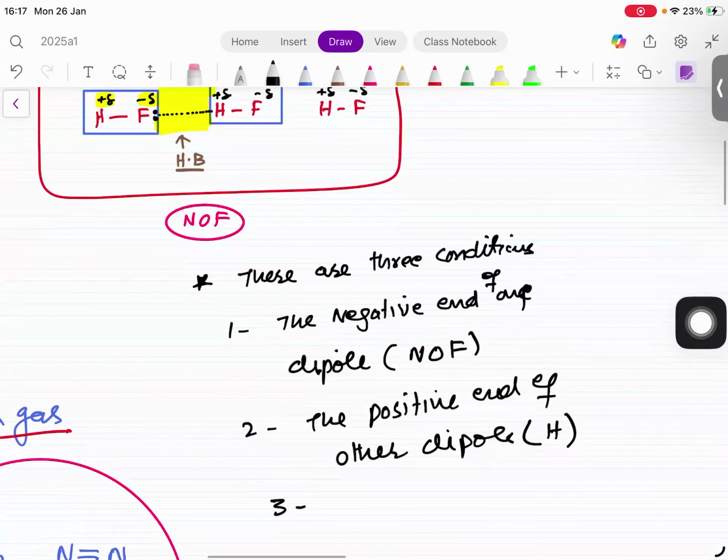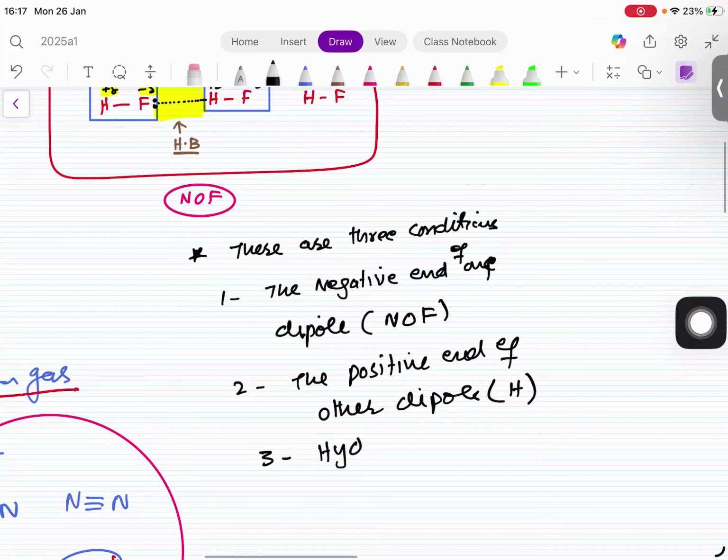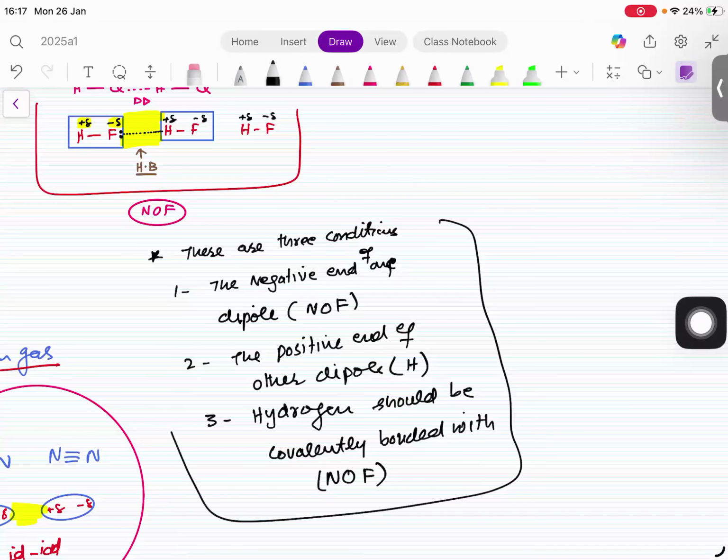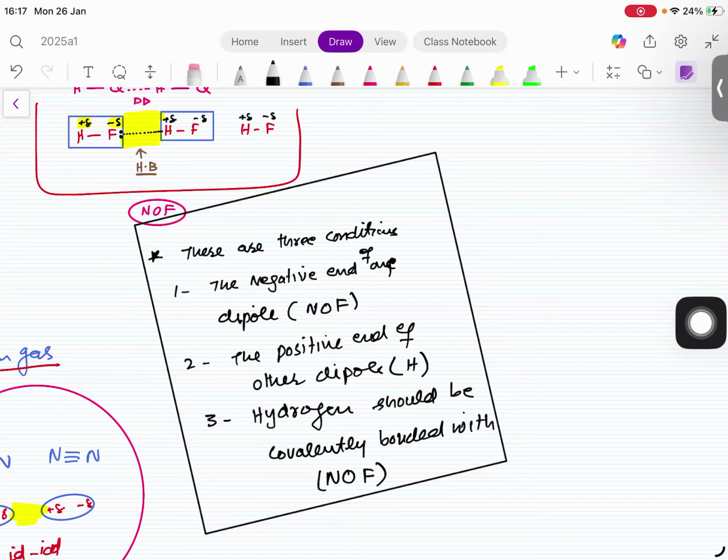And third, this hydrogen should be covalently bonded with nitrogen, oxygen, or fluorine. These are the three conditions. If these three conditions are not there, it's a PD. If these three conditions are there, it is a hydrogen bond.